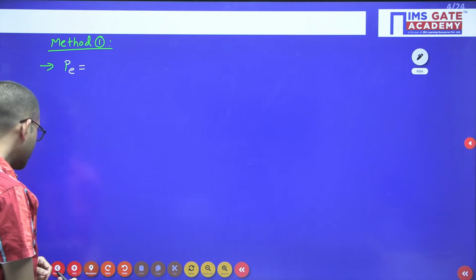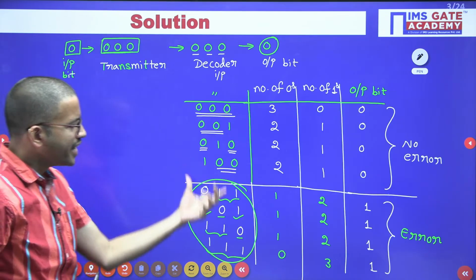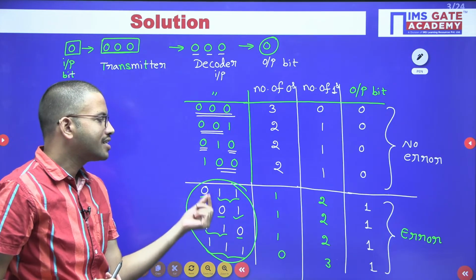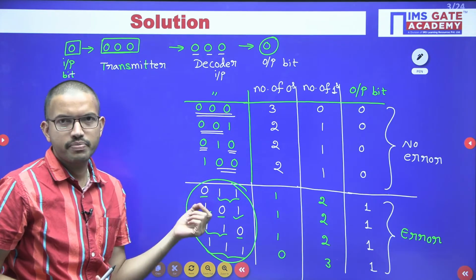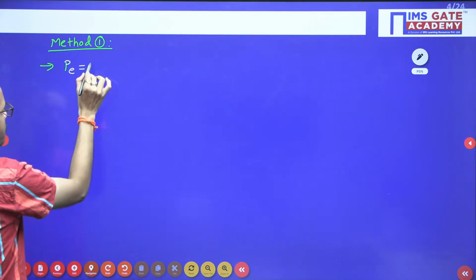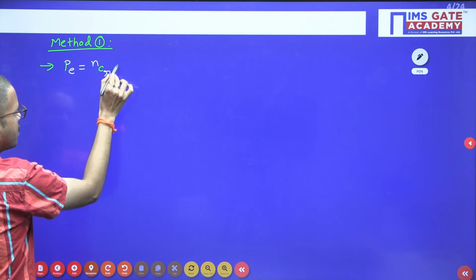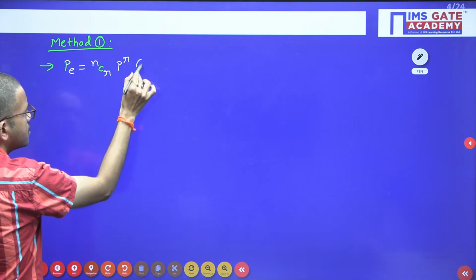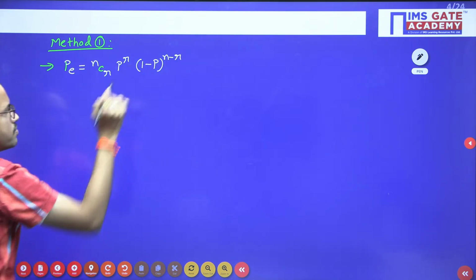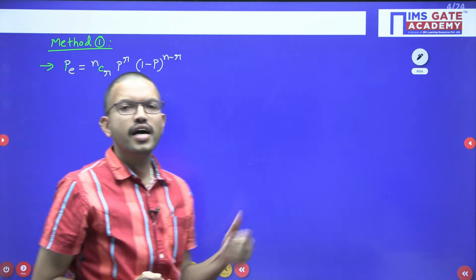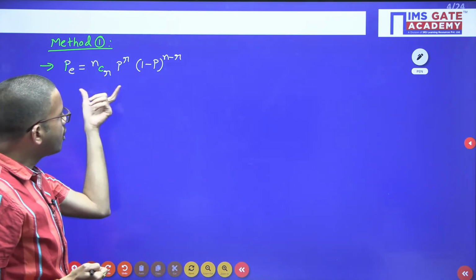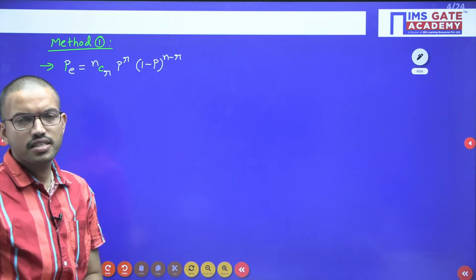Suppose there are n bits, out of which you are getting error in r bits. That time we discussed the probability of error formula as nCr into p power r into (1 minus p) whole power n minus r. This formula we already discussed in the last class, and I hope all of you studied this probability formula in your mathematics subject as well.